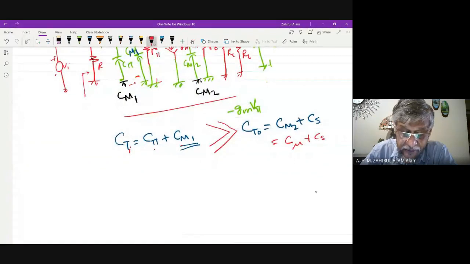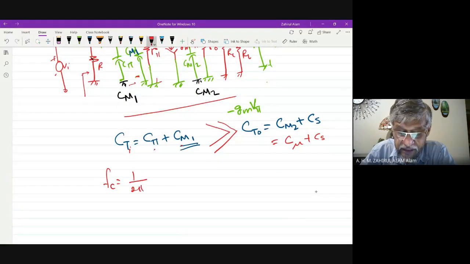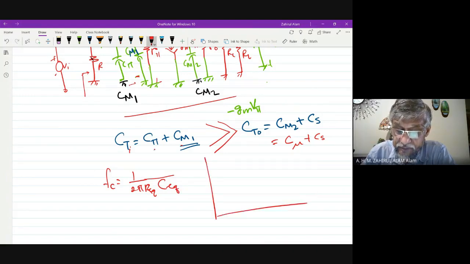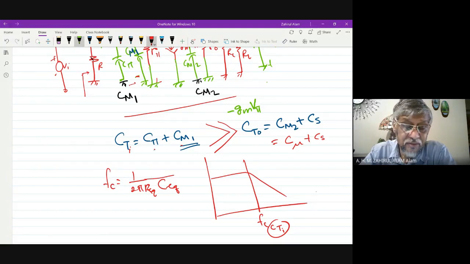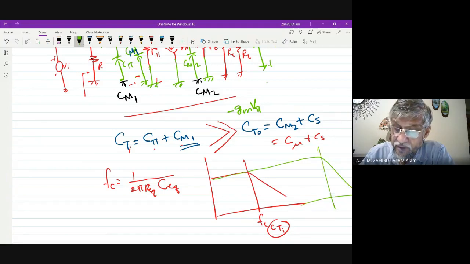Since the corner frequency is 1 over 2 pi R equivalent C equivalent, for the larger capacitance, this corner frequency is due to CT in, and the other corner is due to CT out. Large capacitance means low corner frequency.